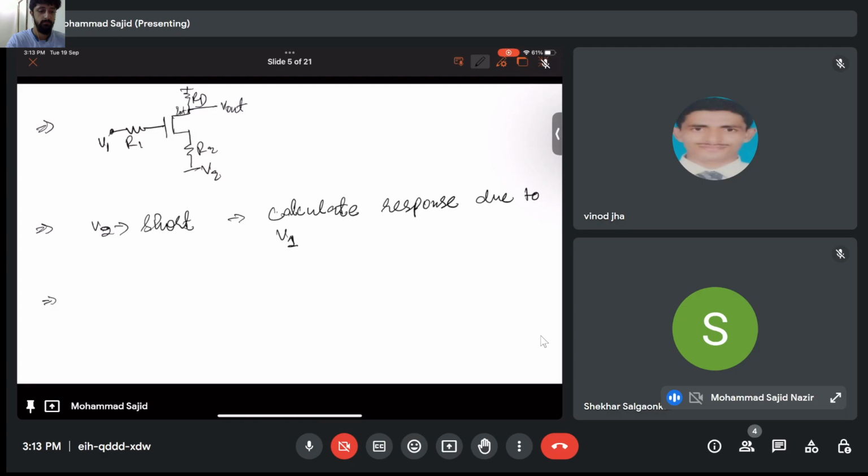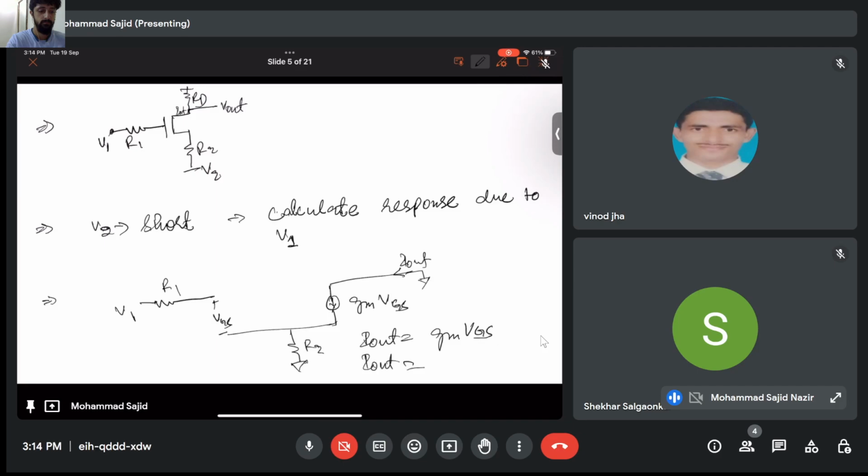To calculate the current due to V1, I will make an equivalent circuit. This is my V1, this is R2, this is grounded, this is R1, and this is gm times VGS, with VGS across the gate and source, and this is my Iout. Iout is gm VGS.